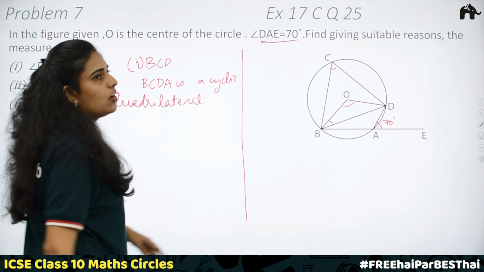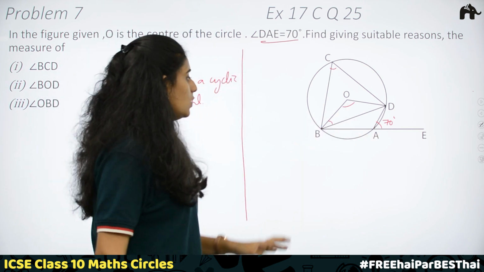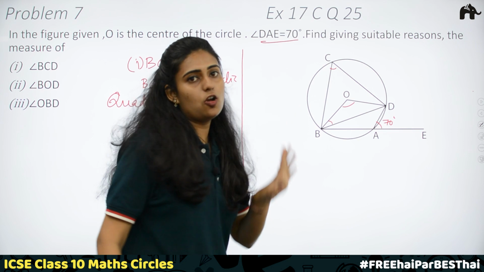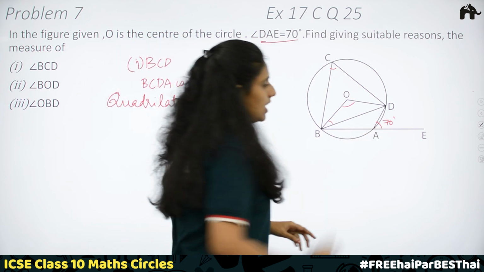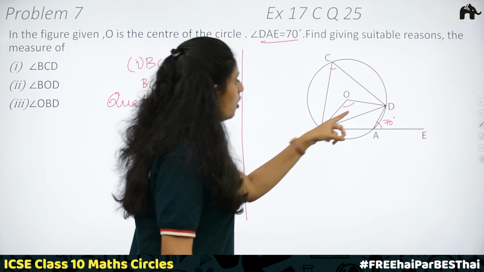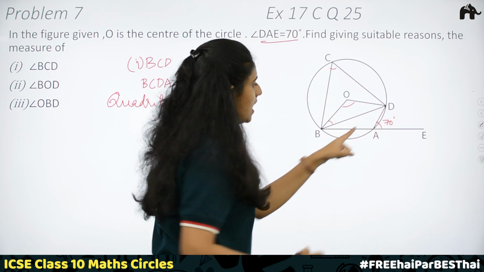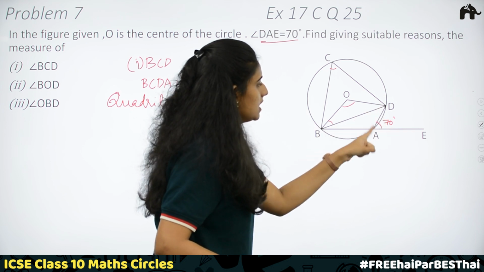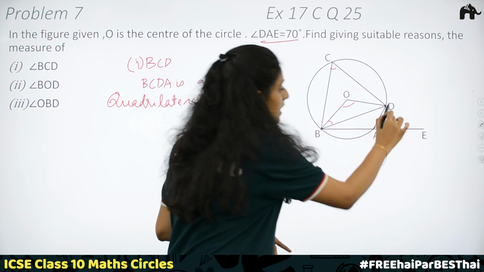So, for a cyclic quadrilateral, we have exterior angle is equal to the interior opposite angle. Yes. So, this is an exterior angle. Opposite to BCD, we have BAD. And this BAD interior angle has an opposite exterior angle which is DAE.